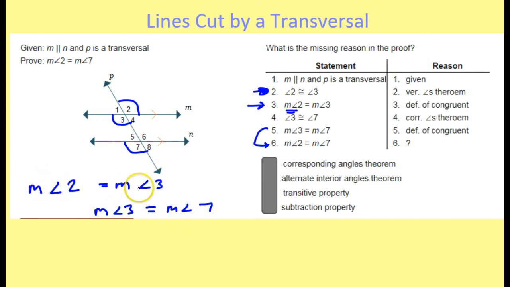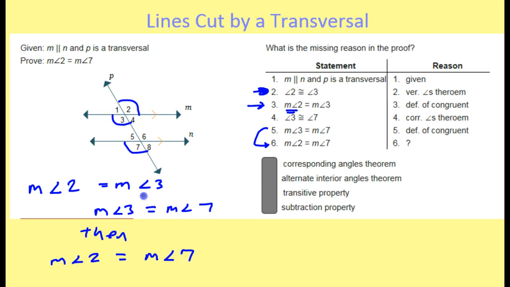If A equals B and B equals C, then A must equal C. Then the measure of angle 2 must equal the measure of angle 7.